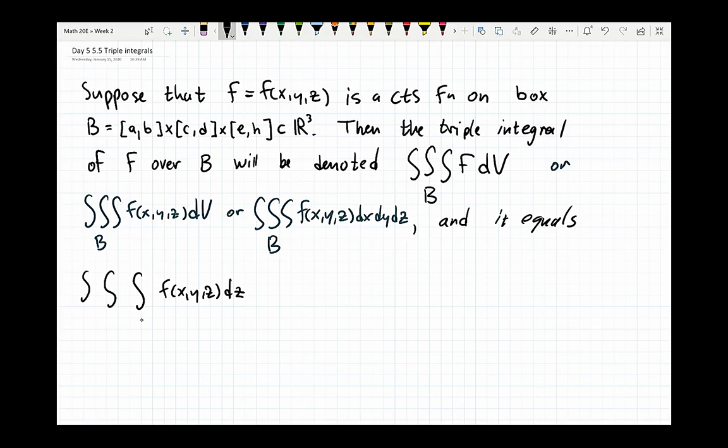So the z integral, that went from e to h, and then we do the y interval from c to d, and the x integral from a to b. And whenever you see an iterated integral like this, you can imagine in your head that there are parentheses there, but we're not going to write them.